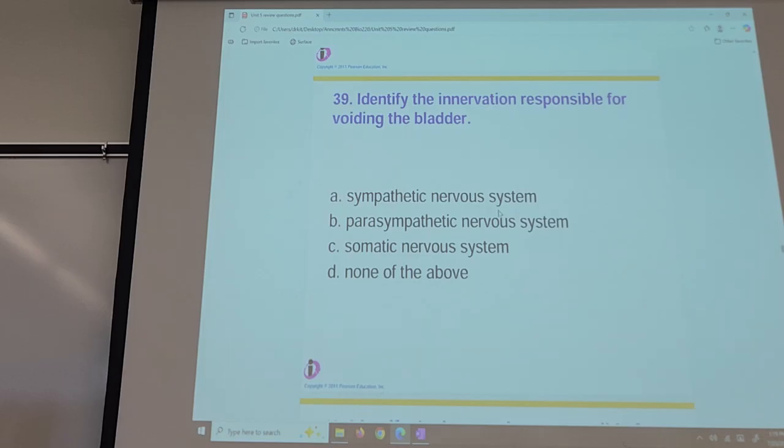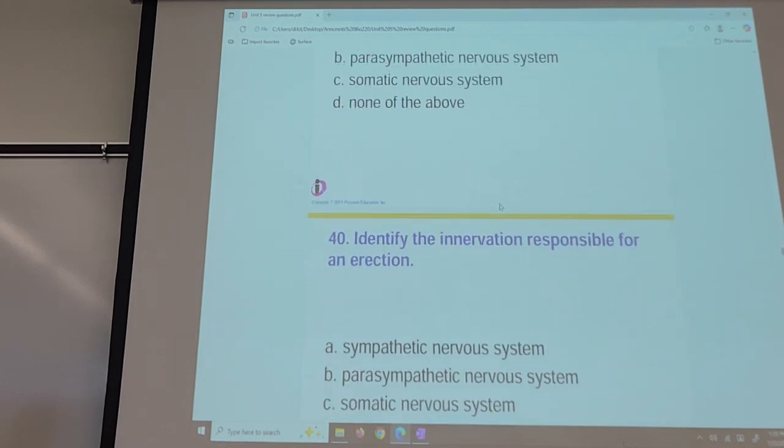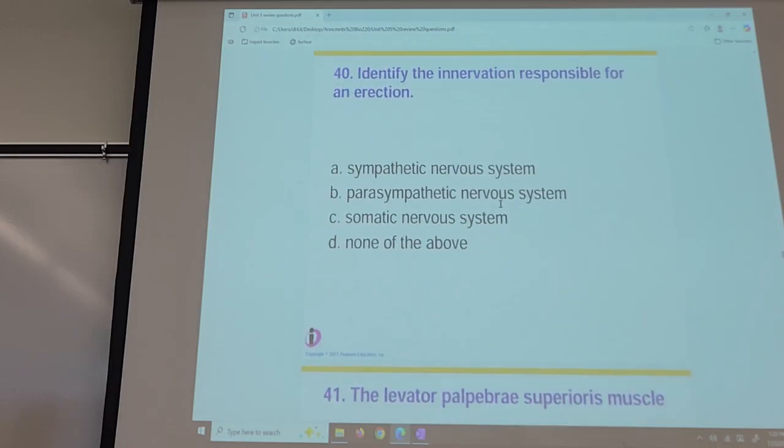No. So if any of the options have somatic in the answer, you cross that one off automatically, right? Don't make it more complicated than it needs to be, okay? Because then you're adding another option that's incorrect, but you're thinking, oh, it is somatic. No, we're not talking somatic, we're talking visceral motor.